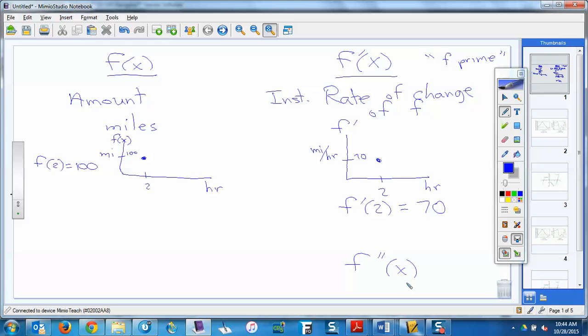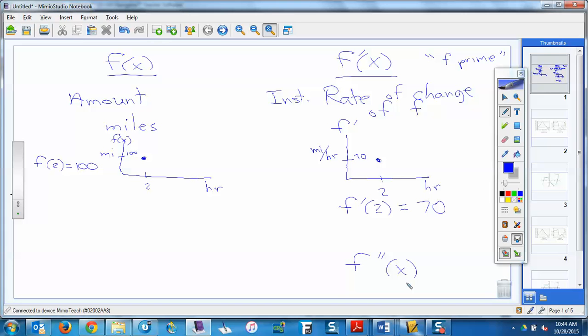Now you have to be careful. We're not going to get into this today, but just because acceleration is negative does not mean an object is slowing down. I don't want to get into the whole discussion right now. Some people like to use the term deceleration, but I rarely will talk about deceleration because it gets confusing. Negative acceleration is not the same as deceleration.